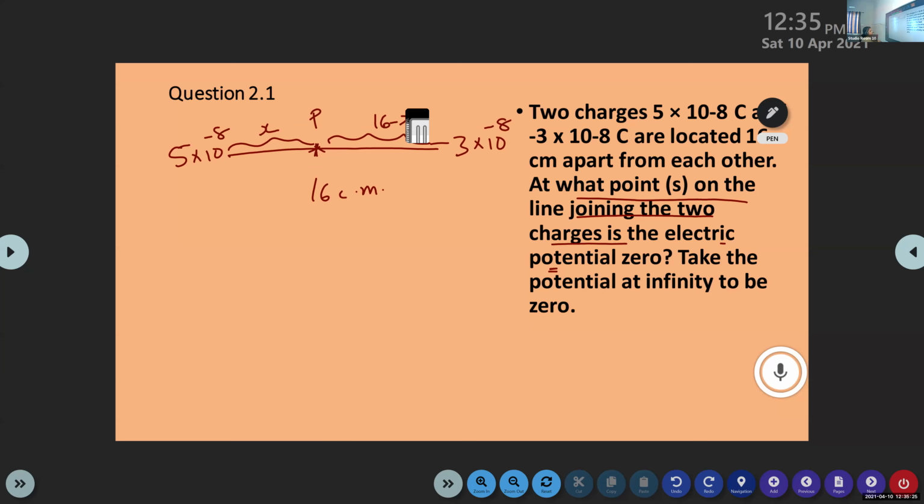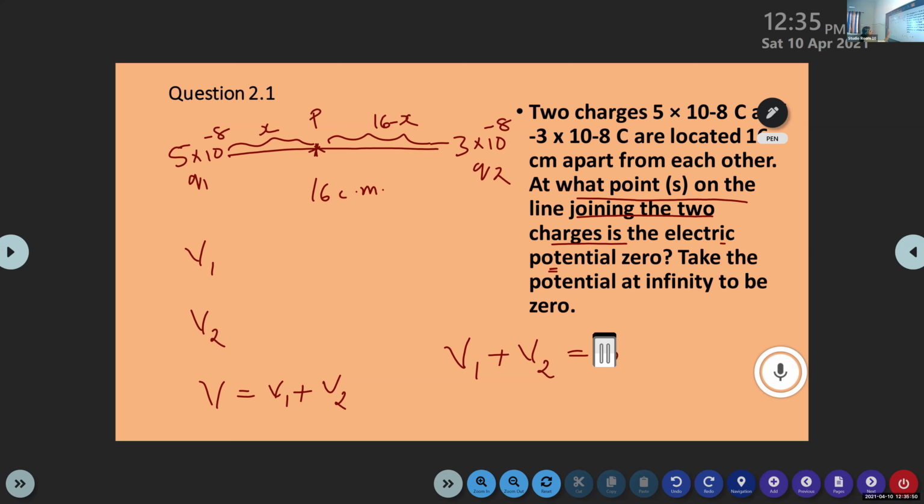Then we separately find the potential due to the individual charges Q1 and Q2 at this point P, and we consider them as V1 and V2. The total potential is V equals V1 plus V2. But here the condition provided is that the electric potential is 0. So we take V1 plus V2 equal to 0.